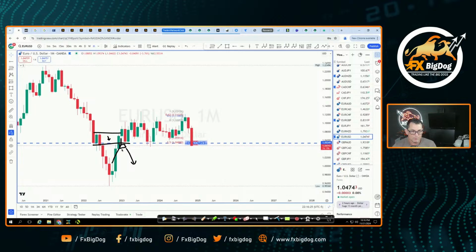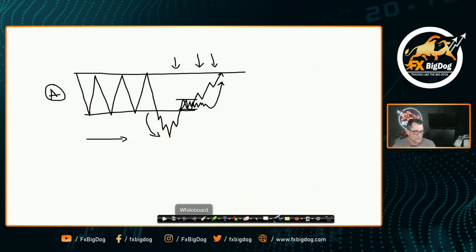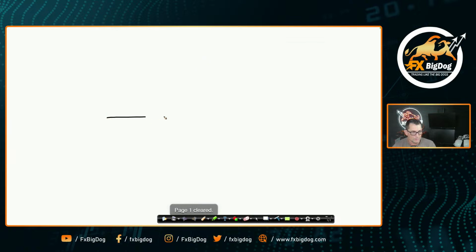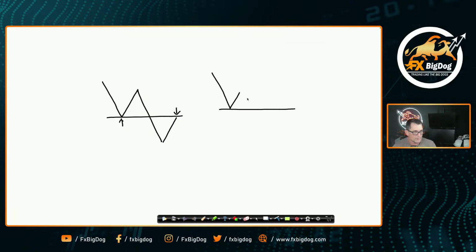Now, price blew through that. Think about it this way. If I showed you support here, and price bounces off here and goes down, what is this support going to become? The support's going to become resistance, right? Now, let's say the market goes down and there is a support level here that is becoming resistance, but price moves through that and now comes back down to it.